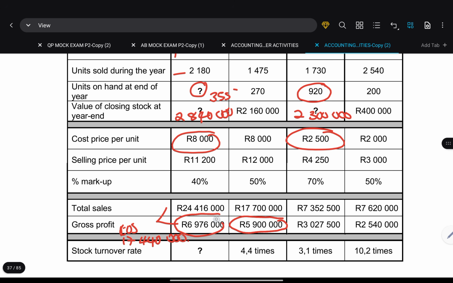If you look at this, last year our gross profit was 5,900,000. This year is 6,976,000. So it increased from 5,900,000 to 6,976,000. We need to tell them that.